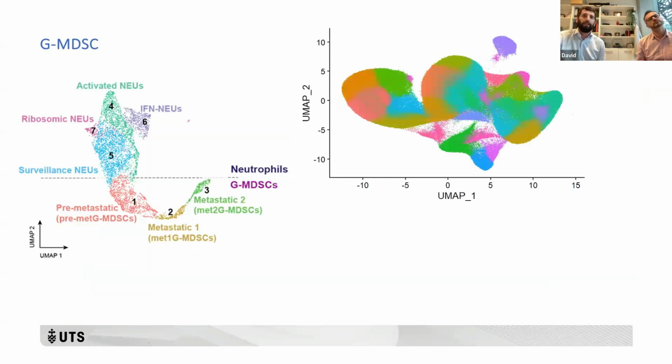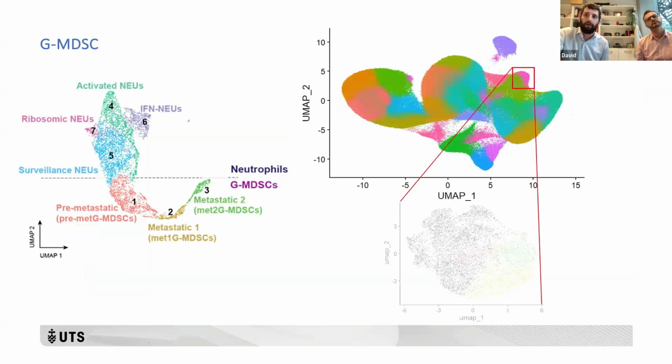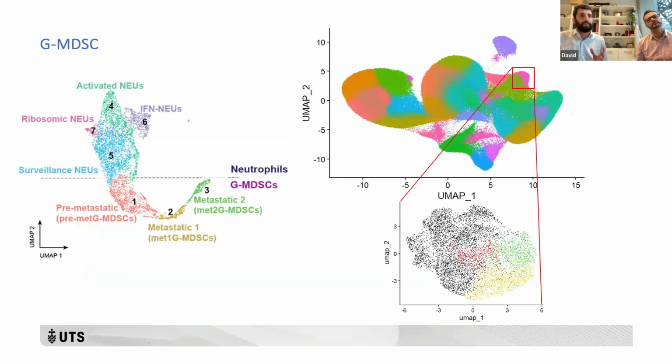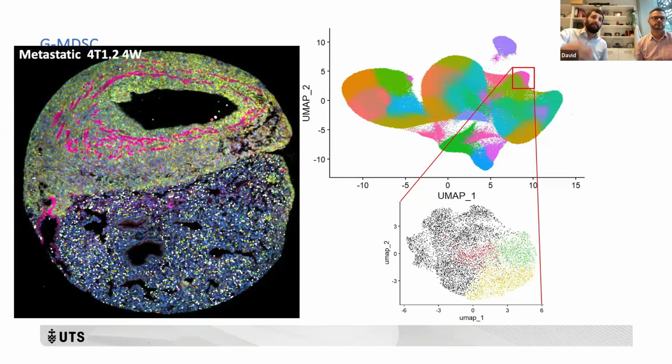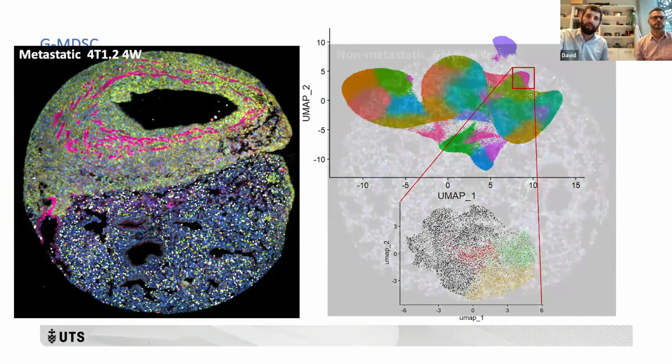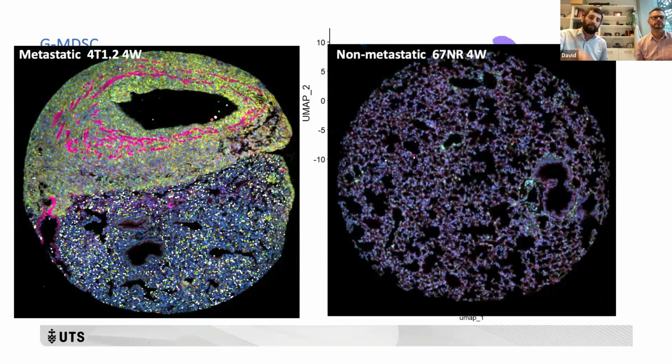We then wanted to see, can we identify the original subtypes? What we did was make a subcluster, use the signatures from the original single cell, and identify these exact cell types. We can then put this back into the Xenium data, and you can see these are colored green, red, and yellow.